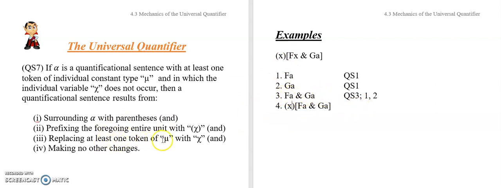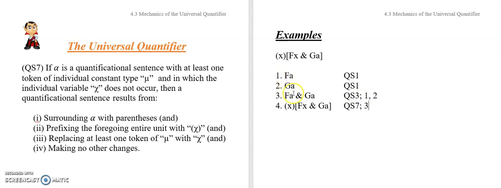And we replace at least one token of an individual constant appearing in our sentence. In this case, it's only a, so we have to replace at least one token. We'll make it this one, just because that's what we're trying to build. Then we can do that provided we make no other changes, so we didn't start adding stuff in randomly. So QS7 on line 3, and that's QED, and you can absolutely build that.